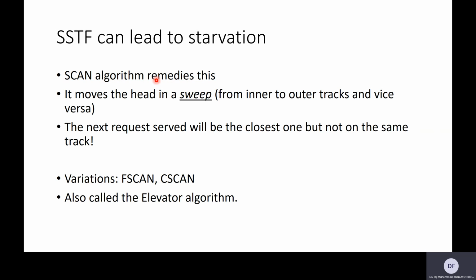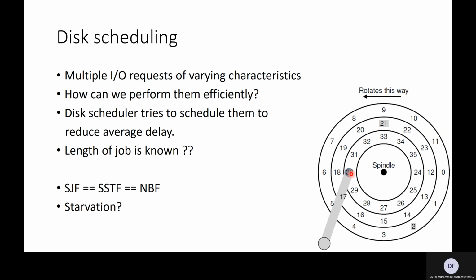The head moves in a sweep from inner to outer tracks. It will serve the nearby sectors on this track, and then move to the next track. It serves some nearby sectors here, and once they are finished, it will move to the outer track.